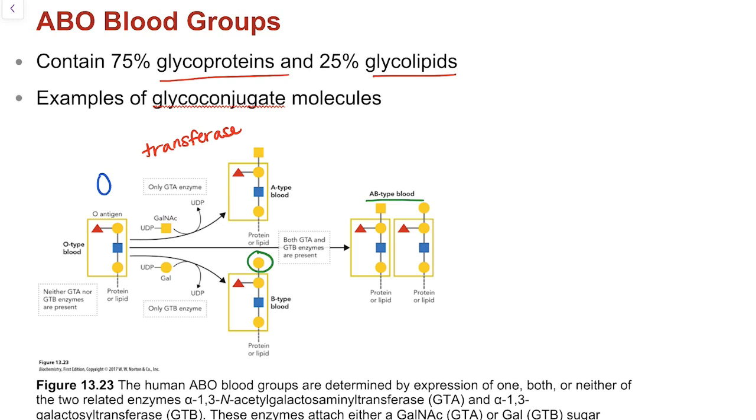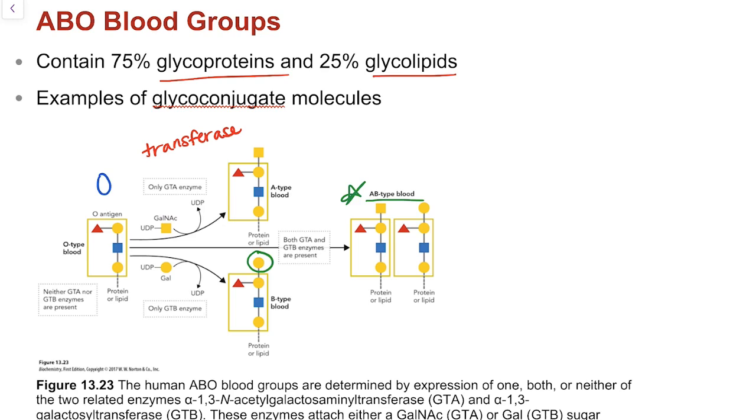So the A-type blood has the GTA transferases that are active. The B-type blood has the GTB transferases that are active. AB-type blood is going to have the activity of both the GTA and the GTB transferases. And so each of those, the B-type and the A-type antigens, are being made. So the O antigen does not have either the A or B transferases.